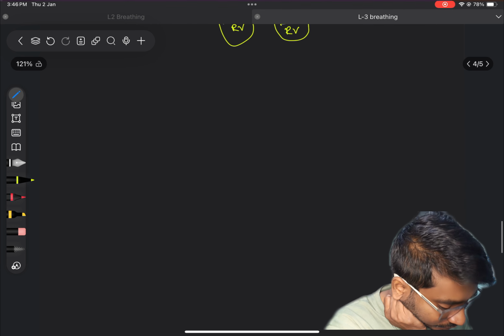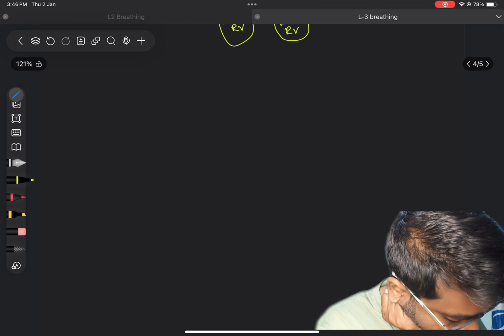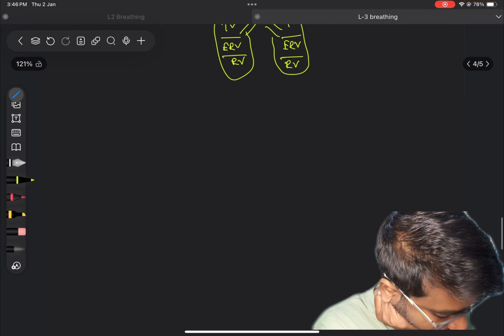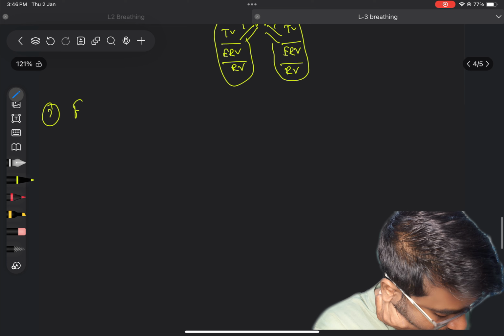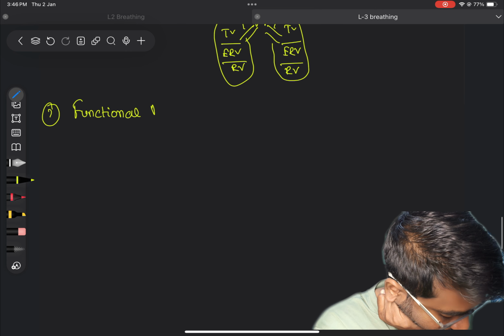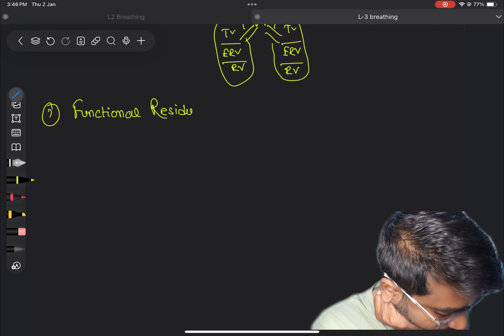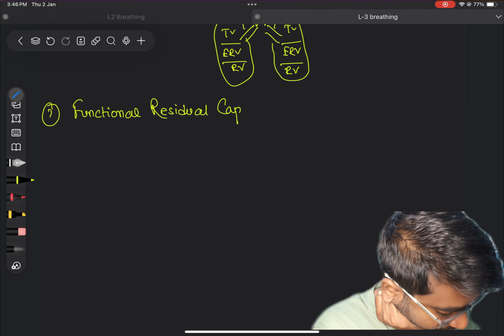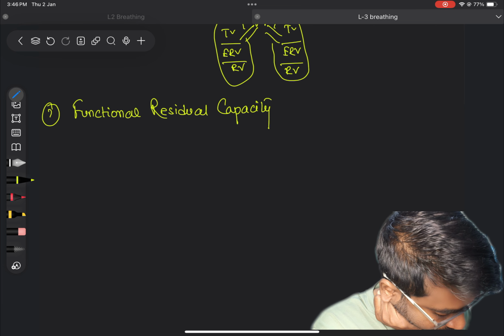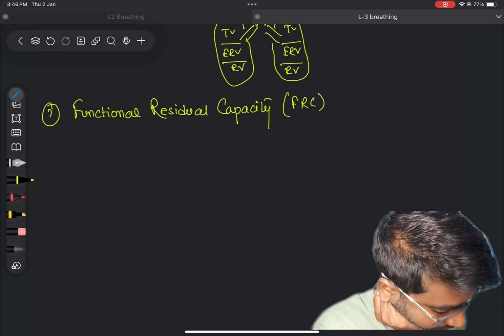Okay. Now we come to the functional residual capacity, FRC.